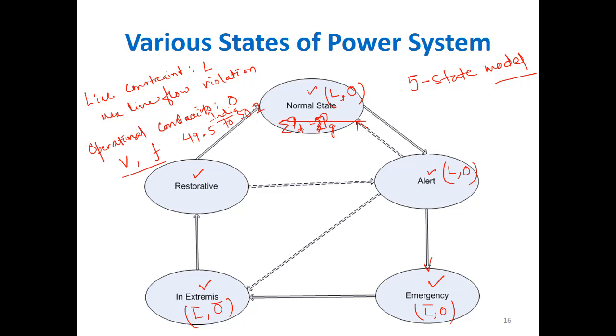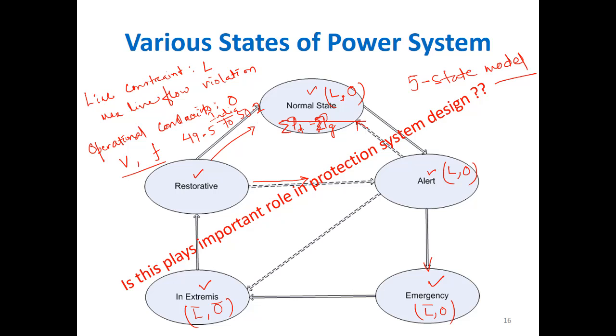Then from the restorative state it can go to the alert state or to the normal state. So this is in fact the 5-state model, and this plays a very important role in designing the protection system in the power system.